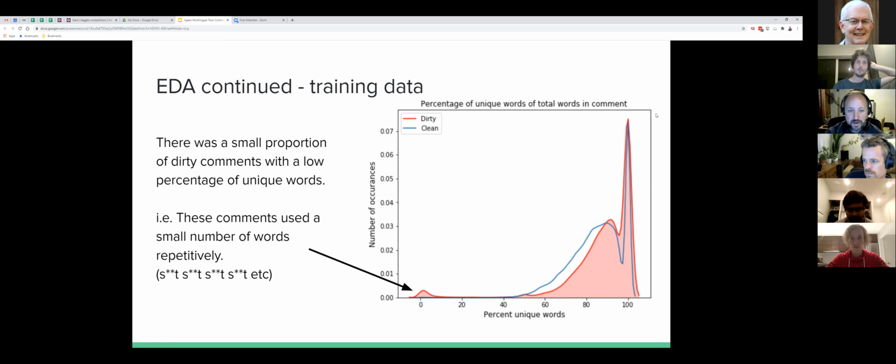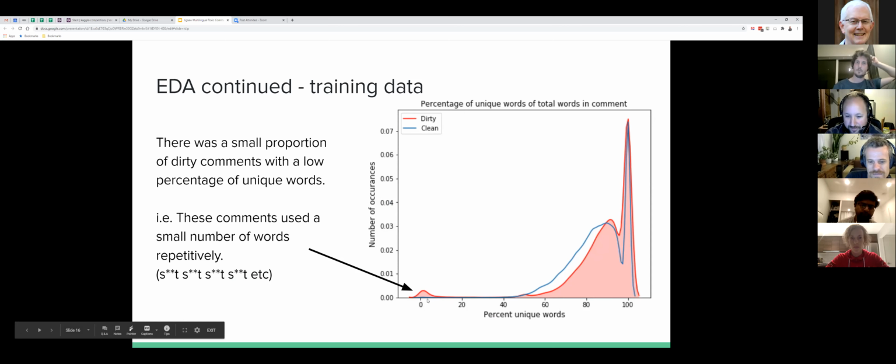Okay. Another thing I looked at was the proportion of unique words in a particular comment. This graph shows what the percentage of unique words in a comment was. In a comment where each word is used only once, it would get 100% because nothing is being repeated. On the right-hand side, the dirty and the clean comments follow a pretty similar trajectory.